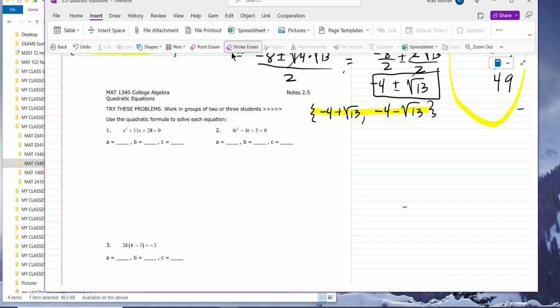And don't factor them. I mean, I can tell, and maybe you can too, that number one factors. I want you to use the quadratic formula, and that's what we're learning right now.